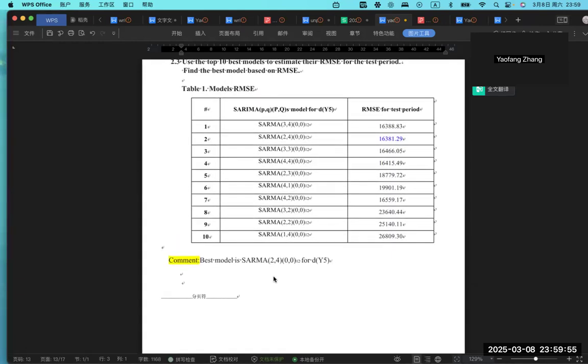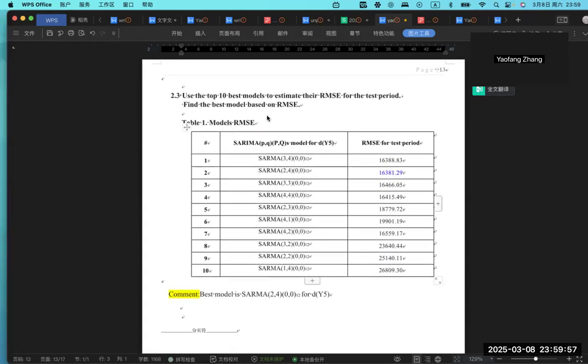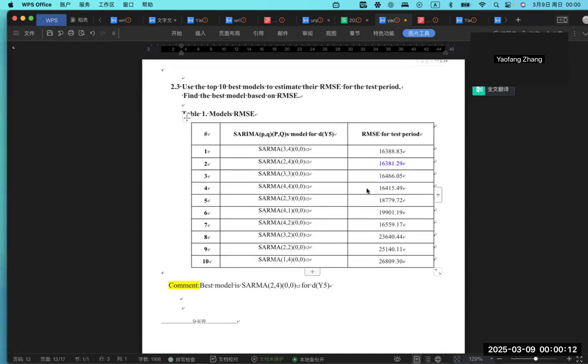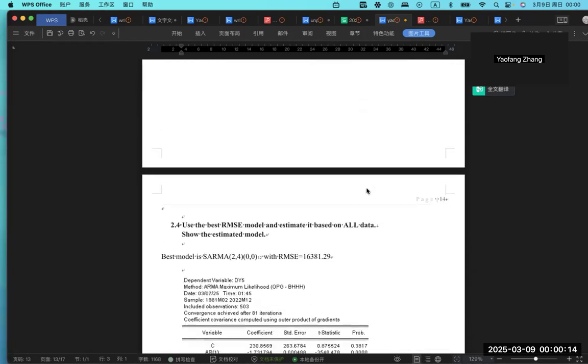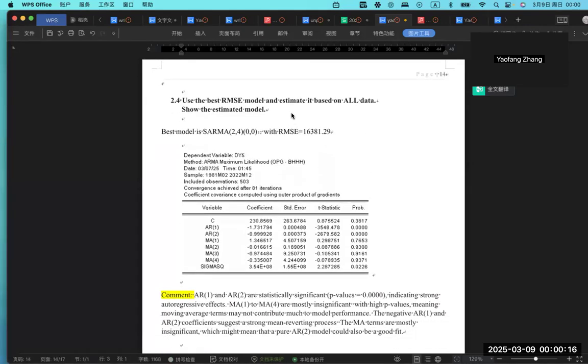However, when we use RMSE for model validation, the SARIMA model 2-5 was found to have the lowest RMSE, making it the best model for forecasting. Then we use this best model to estimate based on all data.